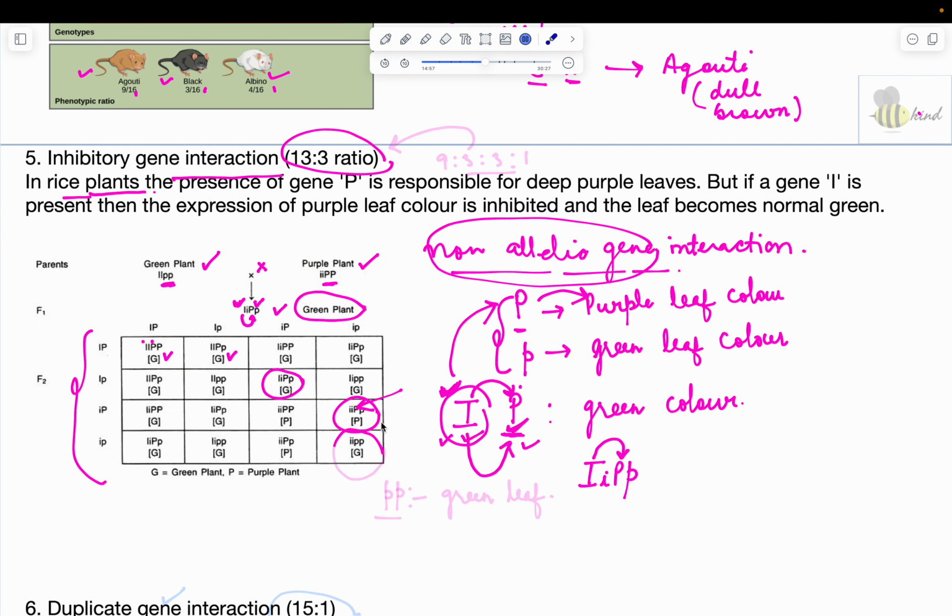This is green because in recessive state these alleles are responsible for green leaves. So this is inhibitory gene interaction, where Mendel's typical 9:3:3:1 ratio is modified into 13:3.